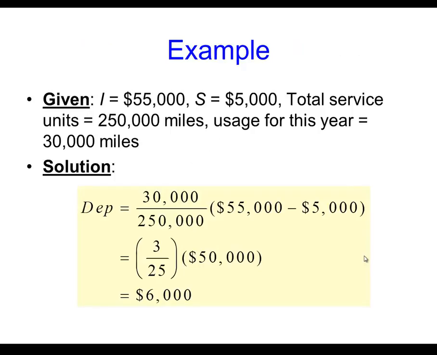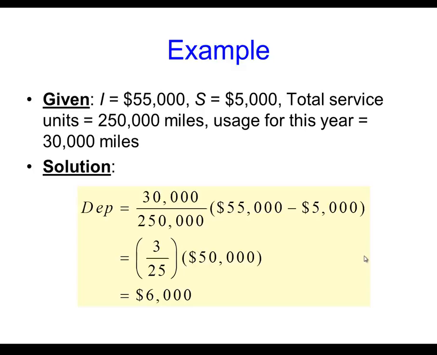Again, to understand more, we can look at one of the examples. In this case, I is equal to 55,000, and I is the initial cost. The salvage value, or S, is equal to 5,000. The total service units is equal to 250,000 miles.